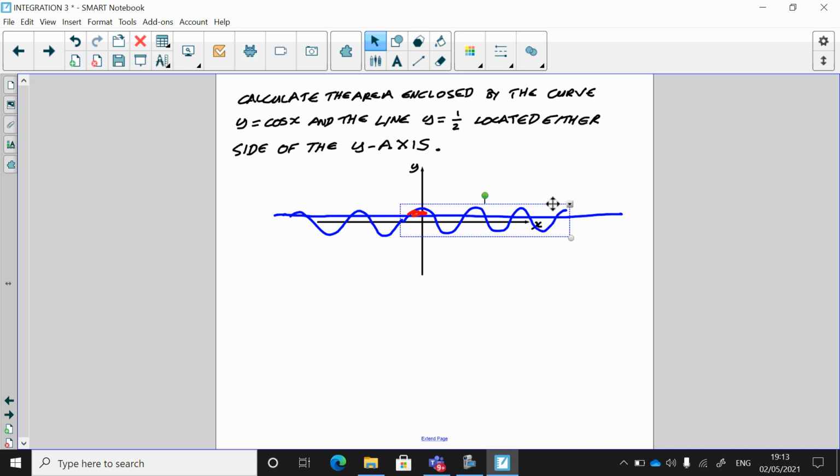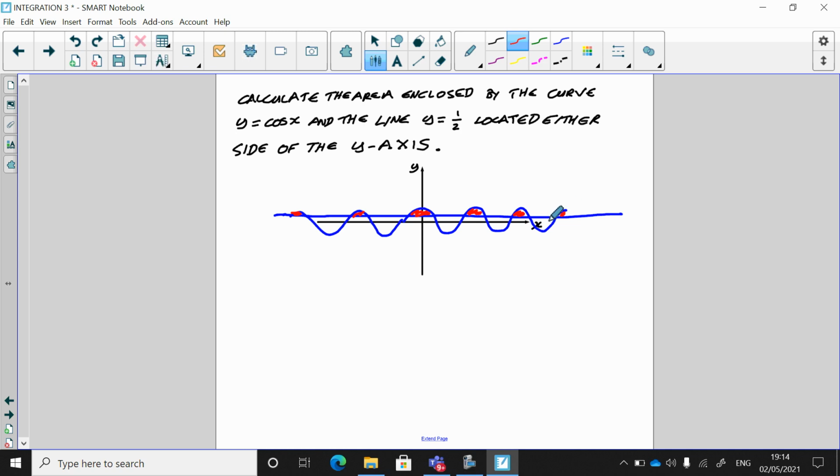That's actually the region I'm talking about in this question. But if I didn't specify things, then there's an area enclosed there, there, there, and forever and ever.